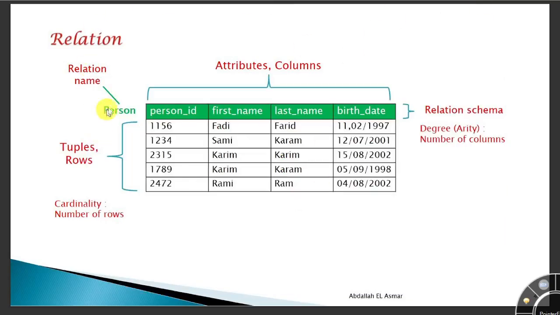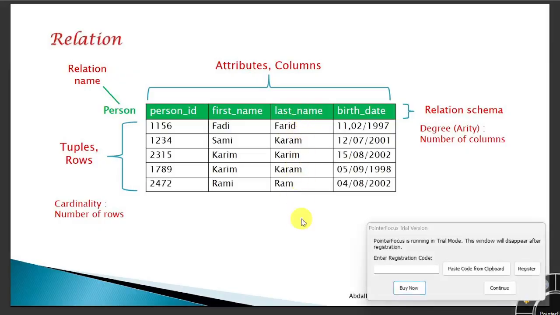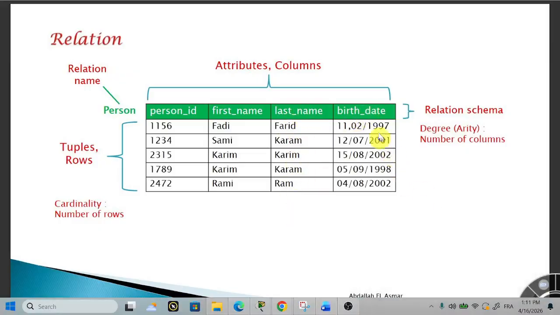So the person ID is the first attribute, we call this attribute or column. The second attribute is first name, this column. The last name is the third attribute or column. The fourth column, which we call birth date, is an attribute.